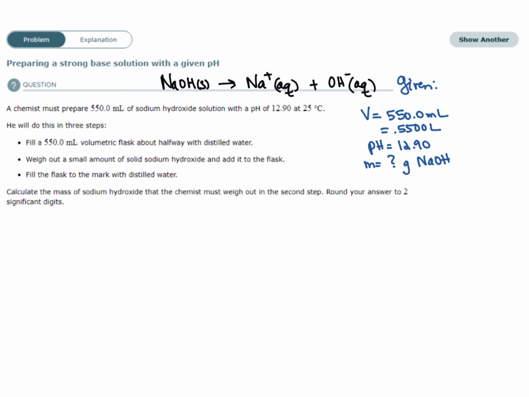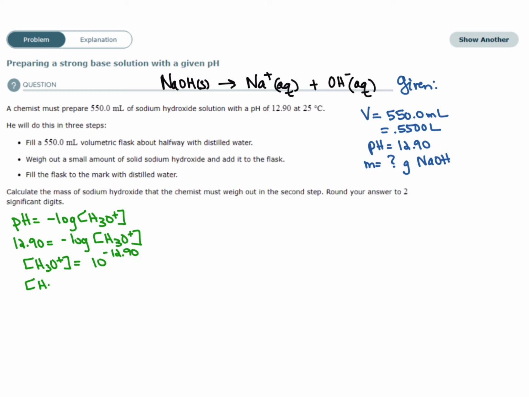Since they've given us the pH, I'm going to go ahead and relate that to my concentration of H3O+. Remember that pH is equal to negative log of H3O+. Plug in my pH. So the concentration of H3O+ is just 10 to the power of negative 12.9. And remember not to round too early, round at the very end.